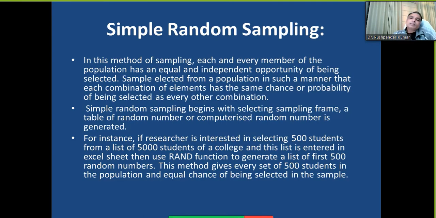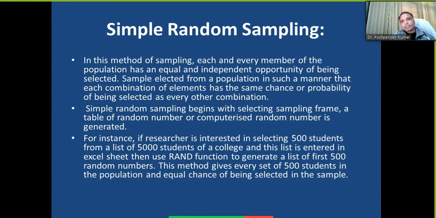These methods give every set of 500 students in the population an equal chance of being selected in the sample. I hope this is clear to all of you. Otherwise you have random.com also, and you have a table also. When you read statistics books, at the end you will see a simple random number table. Those numbers also you can use for simple random sampling. Now we have systematic sampling.